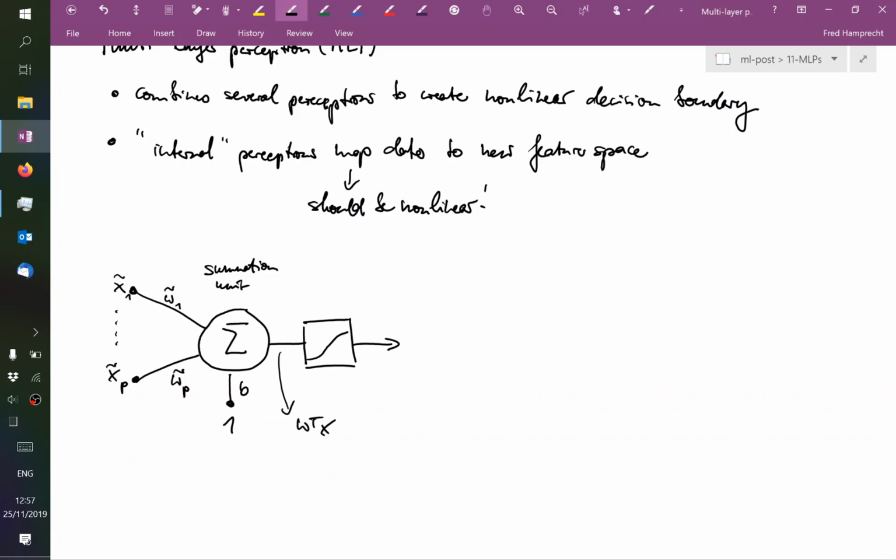But now we need to make some kind of prediction with each perceptron, and that happens by means of this activation function. Activation function, or in the more modern literature, this is called the nonlinearity.